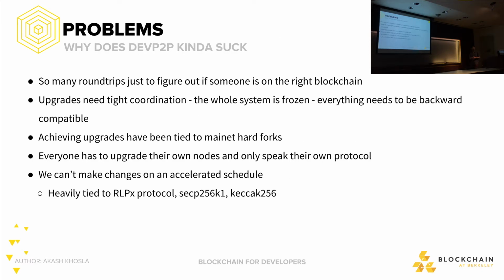So why does devp2p kind of suck? These are some interesting issues. The biggest one that you have to think about is upgrading the protocol. How do you upgrade a P2P protocol? How do you think? Okay, let's do this.